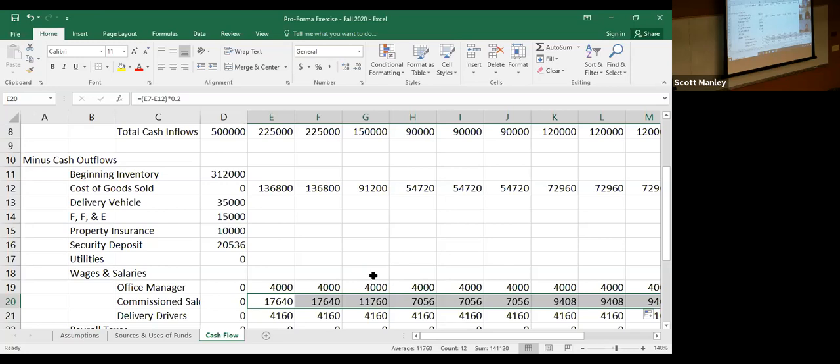But what am I doing by paying commission salespeople? I'm trying to provide a dual incentive, okay? Commission salespeople have to have some degree of flexibility with regard to the way that they price product. Otherwise, they're just order takers. So in a business like this, you do get commission salespeople that can negotiate a little bit on price.